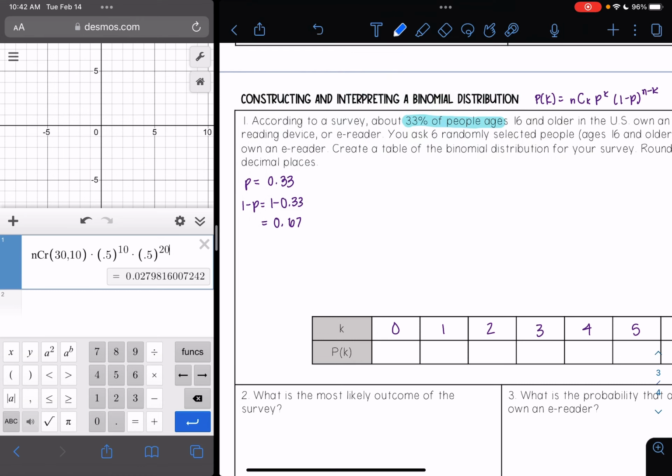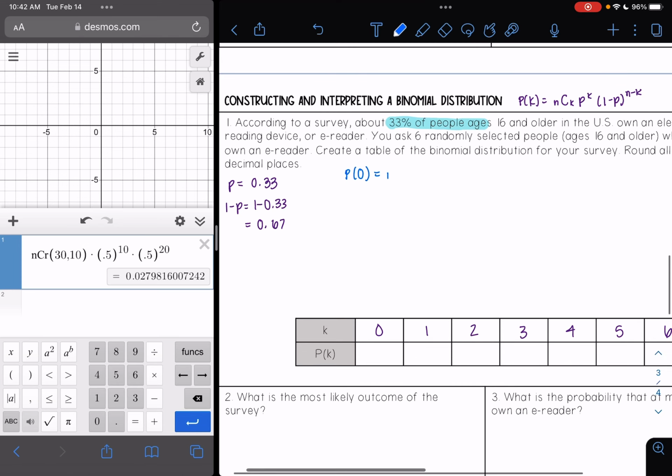And so now I can go ahead and find my probability. My first k is 0, so the probability of 0 is going to equal, my n is 6, so I have 6C0, p is 0.33 raised to the k, which is 0, and then 0.67 raised to the 6 minus k, which is 0.